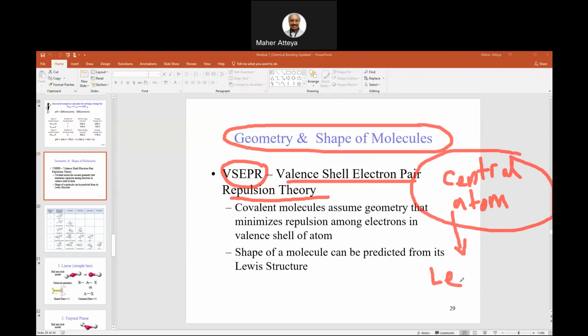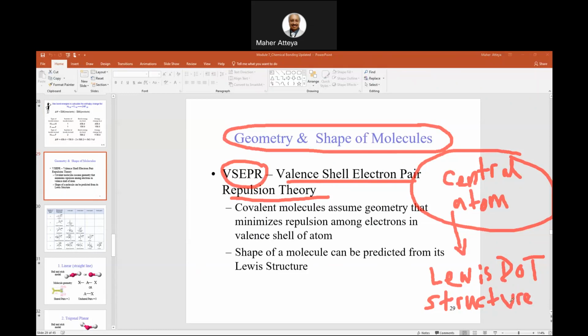The Lewis dot structure. If we know the Lewis dot structure, then from there we can look at the central atom and the edge atoms called terminals, correct?